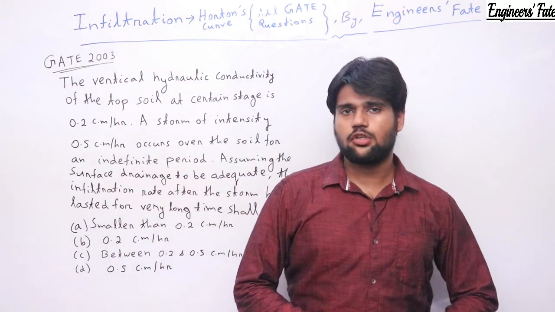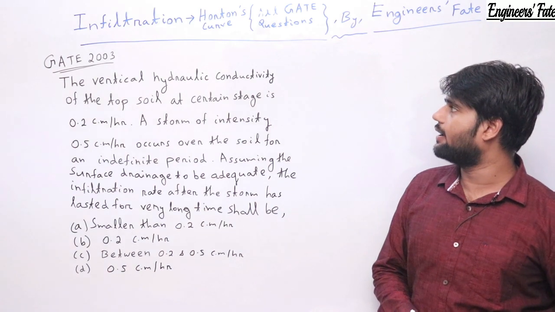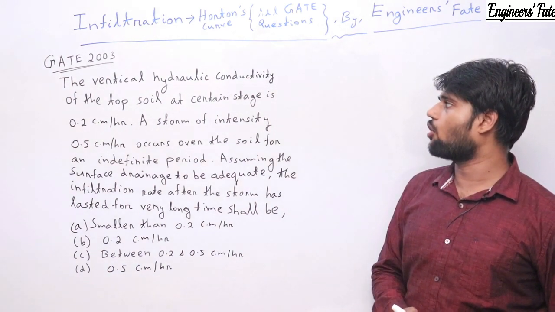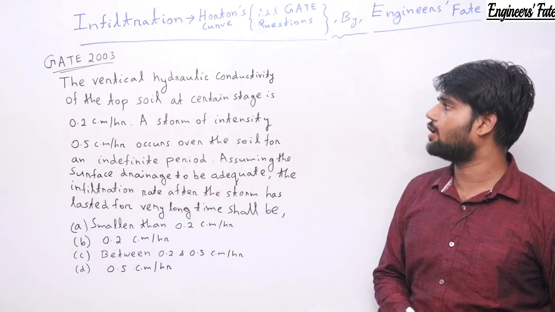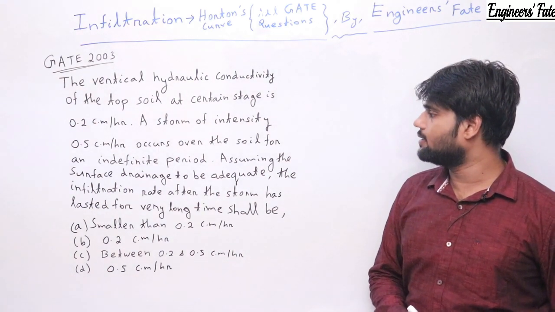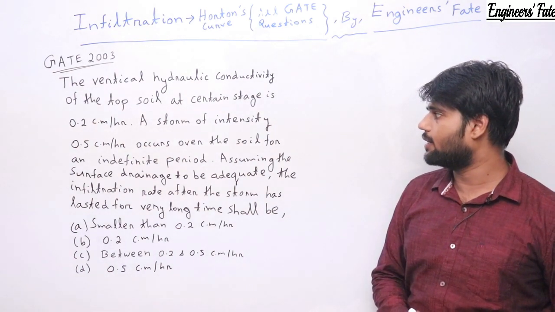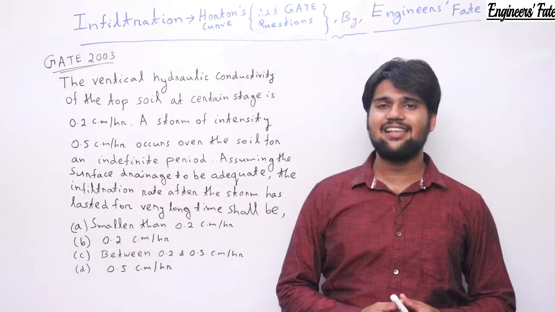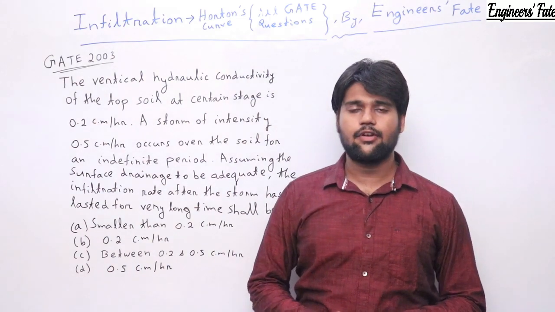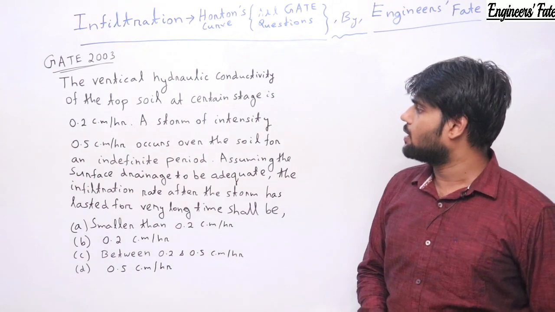So this is the question asked in GATE 2003, and the question states that the vertical hydraulic conductivity of the topsoil at certain stage is 0.2 cm per hour. A storm of intensity 0.5 cm per hour occurs over the soil for an indefinite period. Means he has given the intensity of rainfall, that is 0.5 cm per hour.